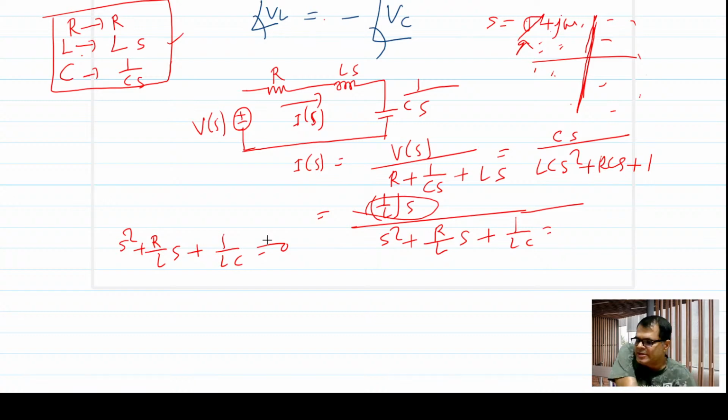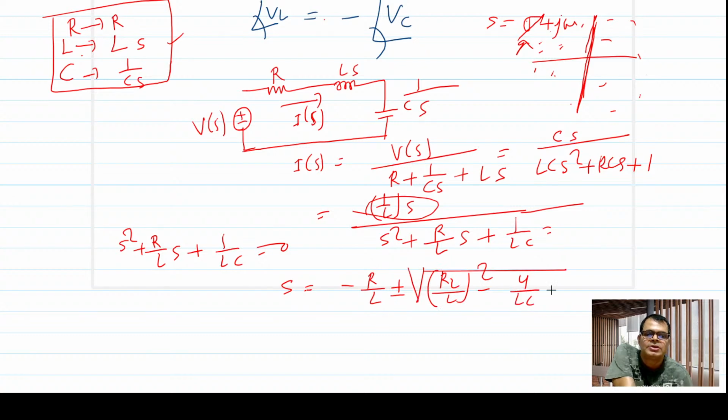So the roots of the characteristic equation, you know, s is equal to minus R by L plus minus the square root of D, where D is (R by L) square minus 4 upon LC.